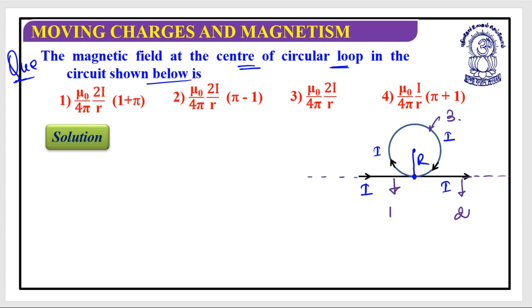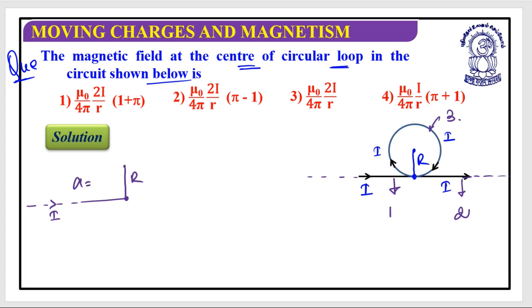So for the first segment, the situation is somewhat like a semi-infinite wire. This is R and this is the I that is coming.